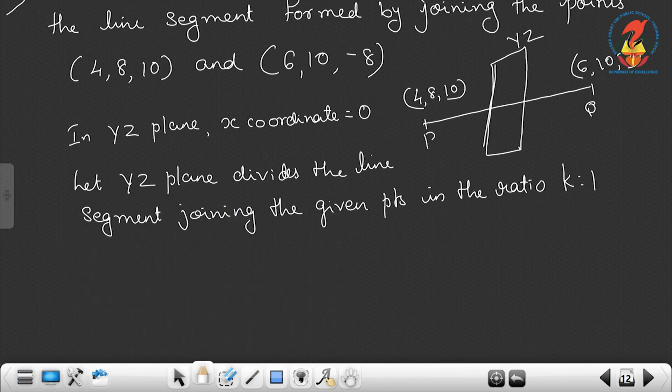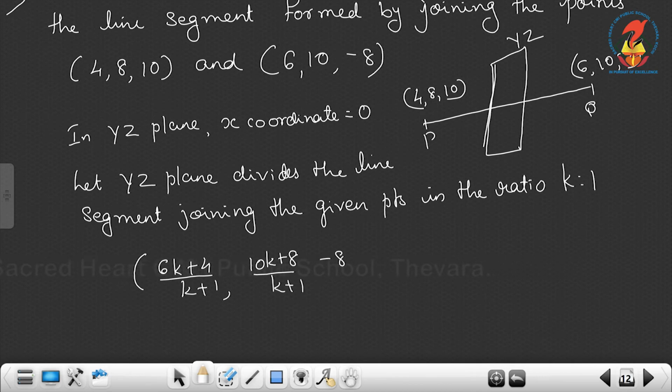Therefore, how to write the coordinates? So, k into 6, isn't it? That is 6k plus 4 by k plus 1. And the next one is 10k plus 8 by k plus 1 and minus 8k plus 10 by k plus 1.